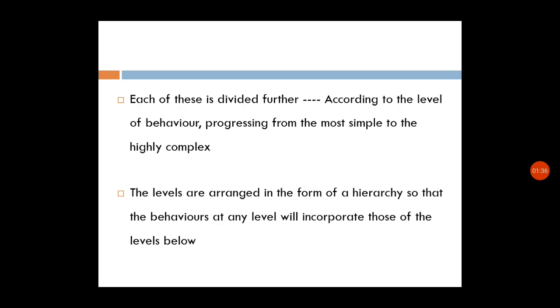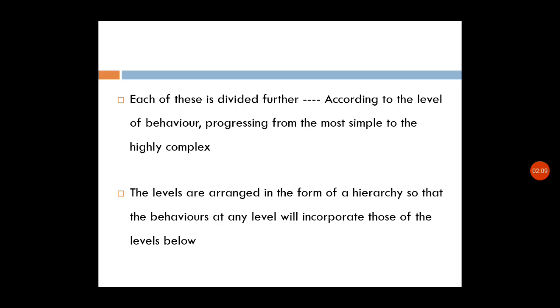That means when we start learning something, there is a base level, and from that the student progresses to higher levels in each domain of the students' learning objectives. The levels are arranged in a hierarchy, so that the behaviors at any level incorporate those of the levels below.